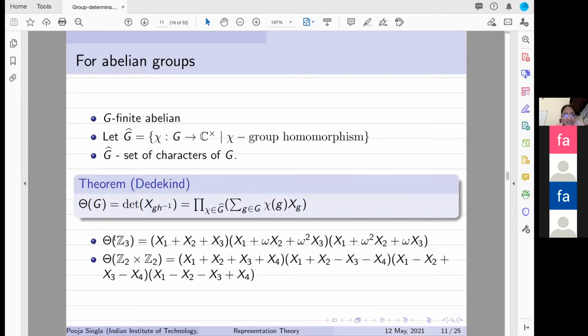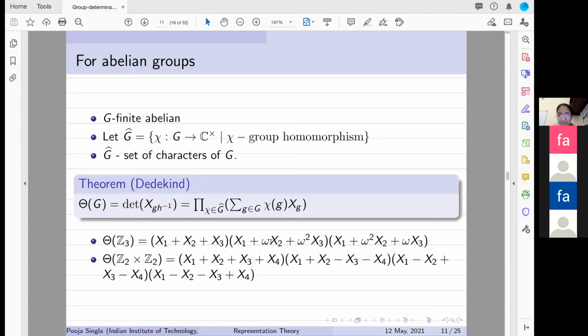So for example, let's look at Z3. Okay, we have done one way of Cremona's proof. We know that Z3 is whatever I have written here on the right. Let's try to check if it matches with Dedekind's formula. Okay, so what are group homomorphisms from Z3 to C star? So Z3 is a cyclic group. The homomorphisms are determined if I know what it does to the generator. Okay, now, X1 is the identity element, and let's say X2 is my generator, corresponding to the generator element.